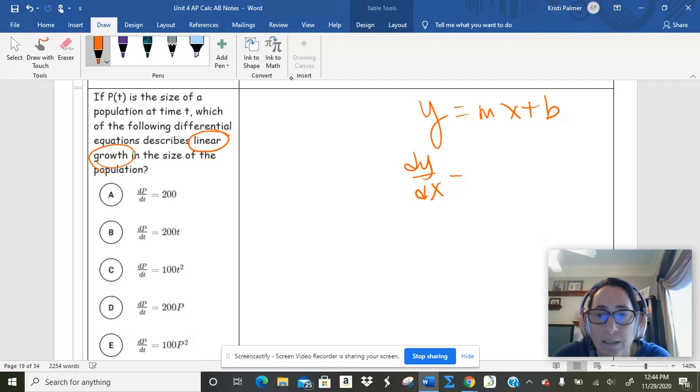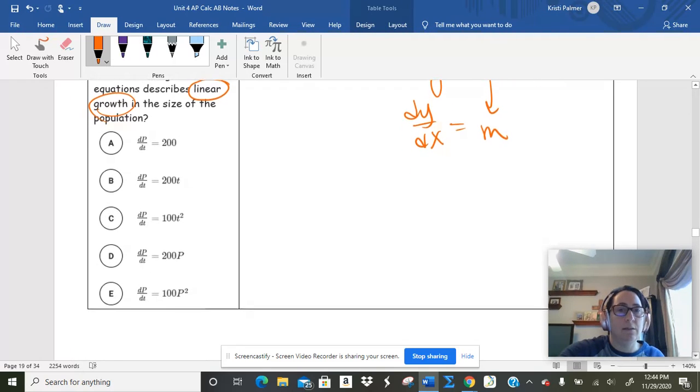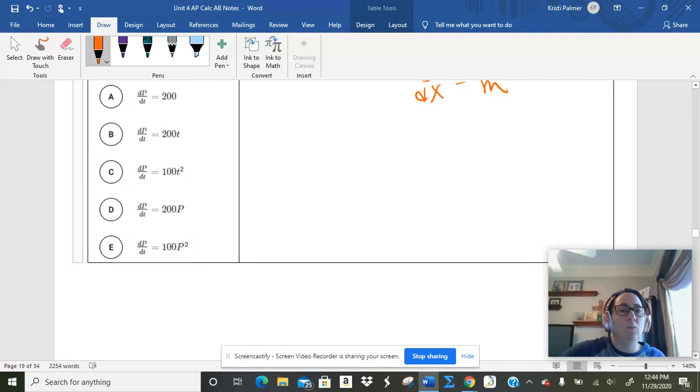My dy/dx has to be a constant, the m. So which one of these gives me a constant? Only one of them gives me a constant looking through here, and that is A. Most kiddos try to pick that because they see linear, but that is not true.